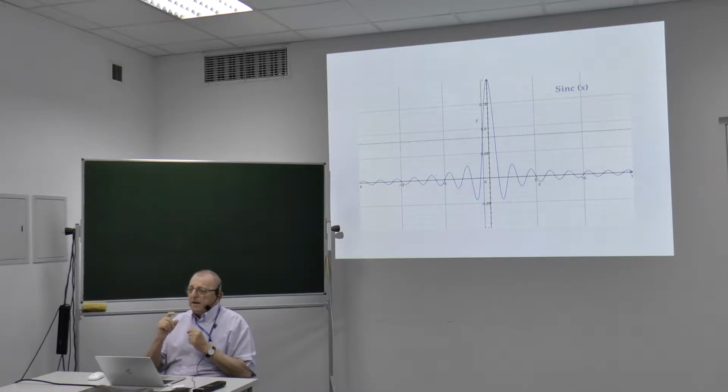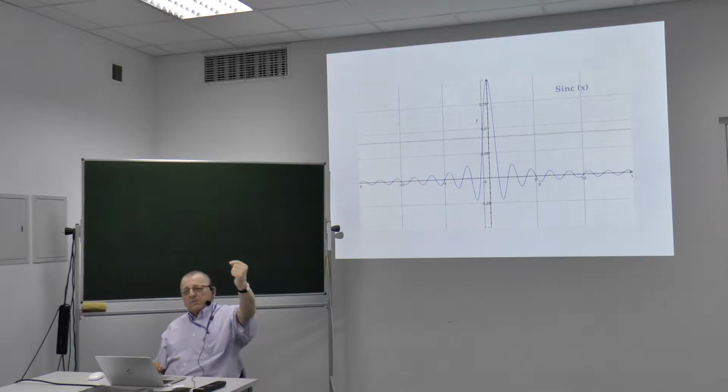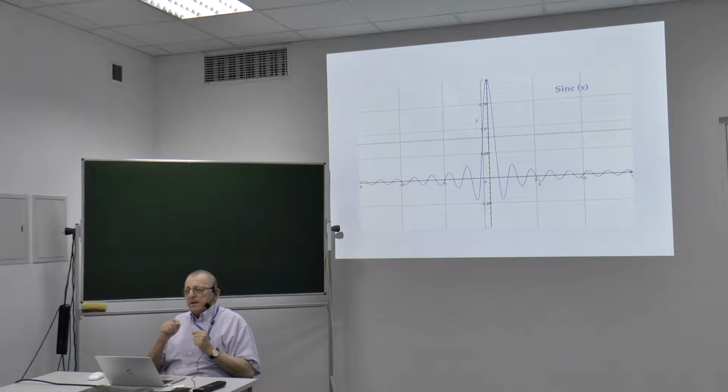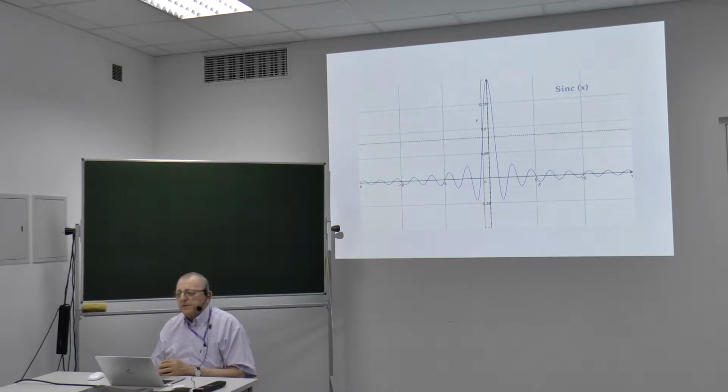So if the maximum of the sinc function corresponding to another point on my emitter is located in a minimum, first minimum of the first point, that is the definition of a resolution of my device. And that is the Rayleigh definition.